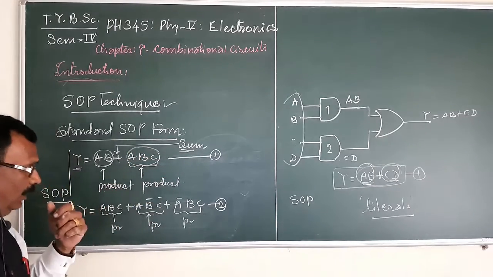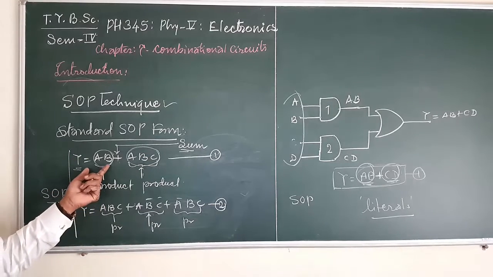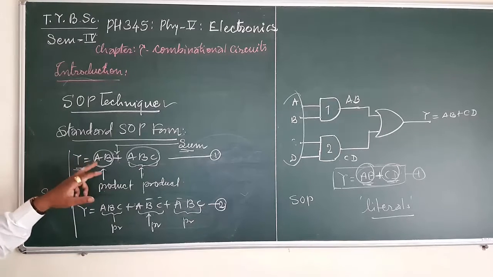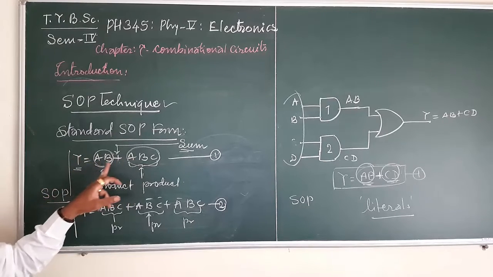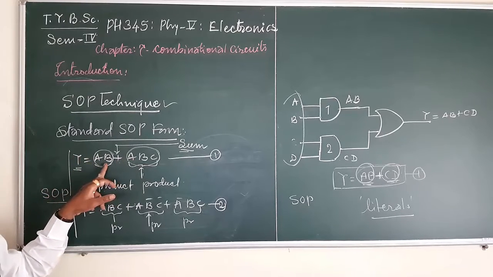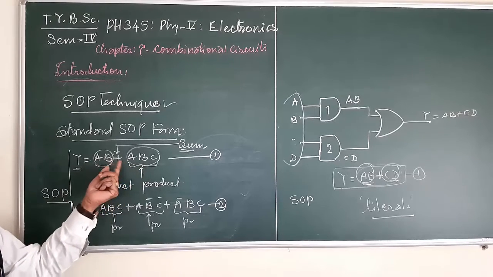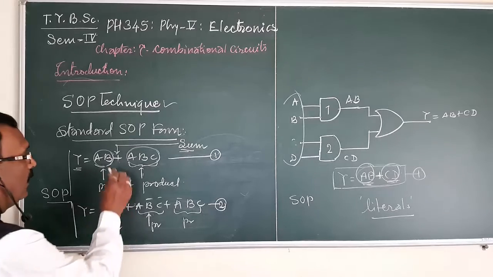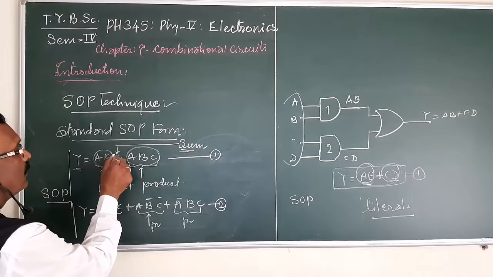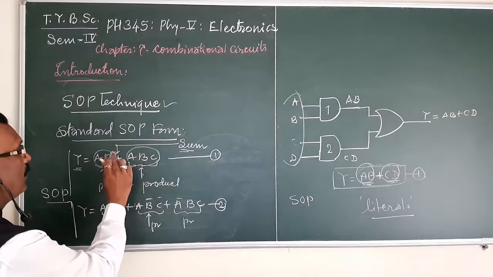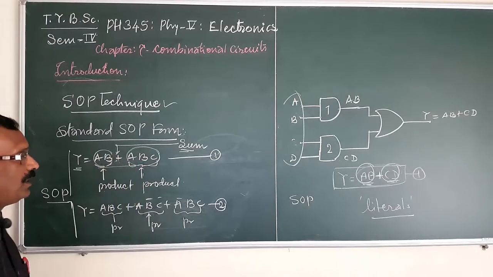Why is it so? See here there are three inputs, but the first term of the first equation does not have the third input, that is the C term. If C or complement of C is there, then it is standard. But here it is not standard.